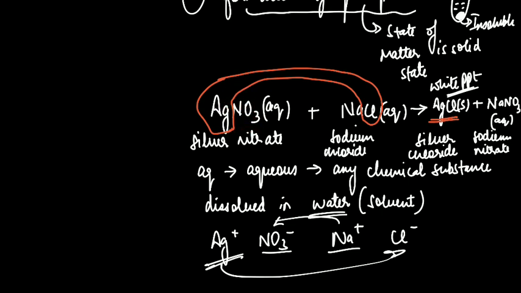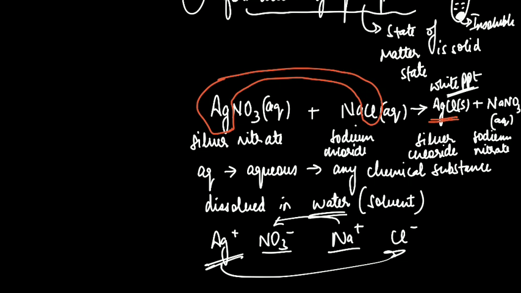We can use any little amount in the test tube, put some water in it, make it an aqueous solution, then in a second test tube take NaCl, add some water. So we have two aqueous solutions in separate test tubes. Now in the third test tube, mix both the contents of these two test tubes. Immediately you will get AgCl, white color salt, at the bottom, and you will get an aqueous solution of NaNO3, sodium nitrate.